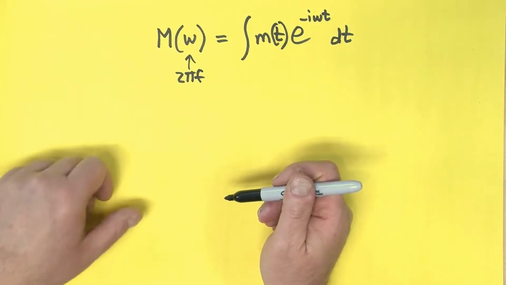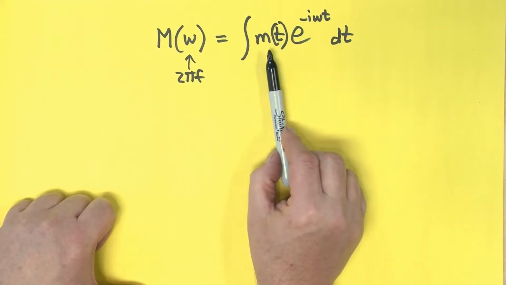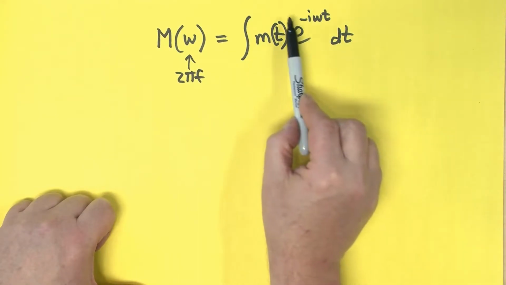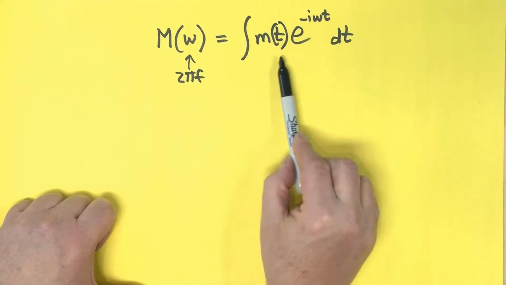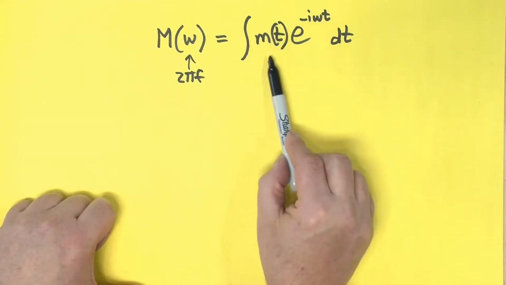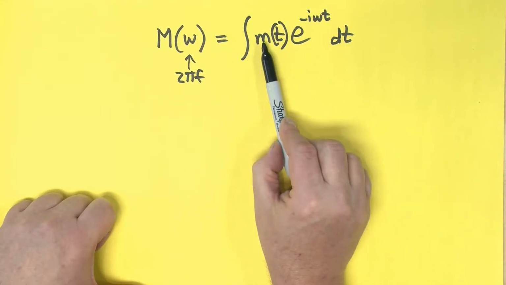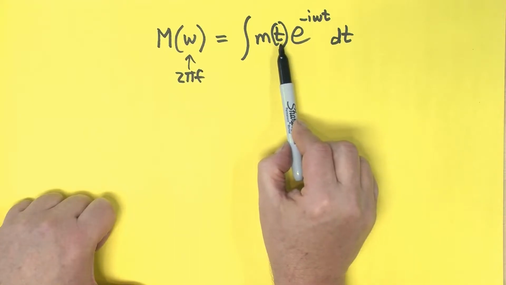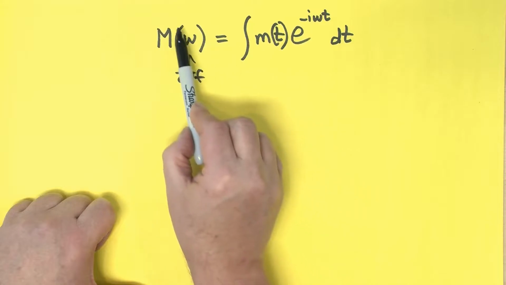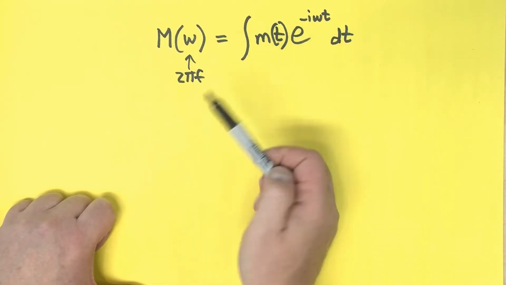Now, one of the amazing things is, it turns out that almost any, or even every, realistic waveform you can imagine, maybe not imagine's a good phrase, because mathematicians can always imagine weird things. Any realistic waveform that you can actually produce pretty much always can be used in this formula to produce a Fourier transform.